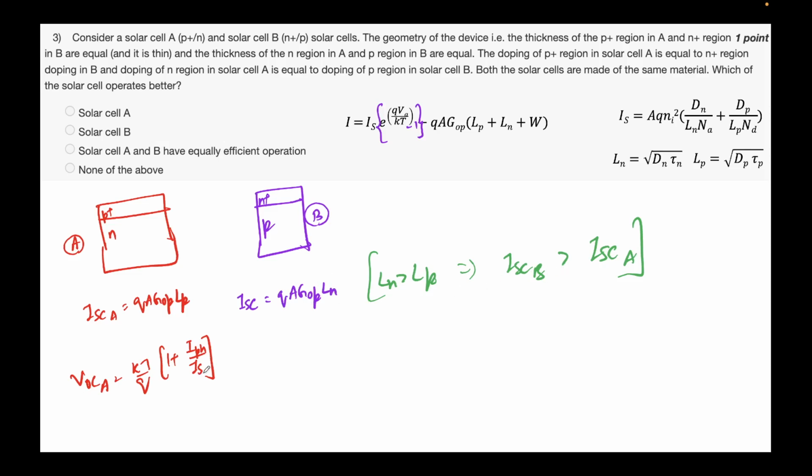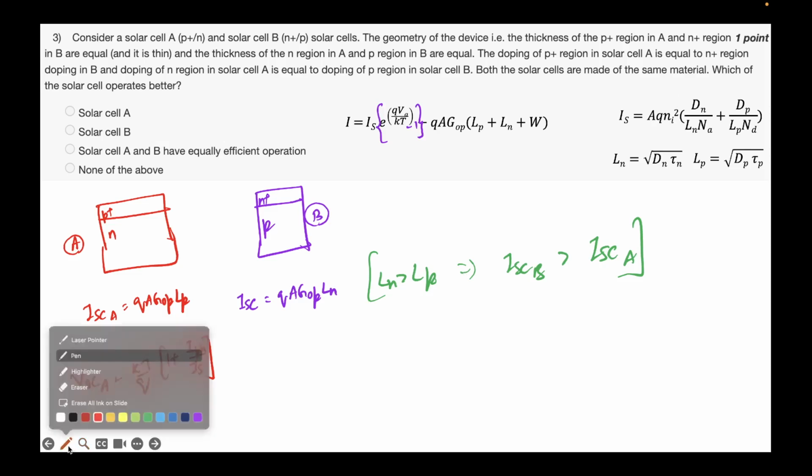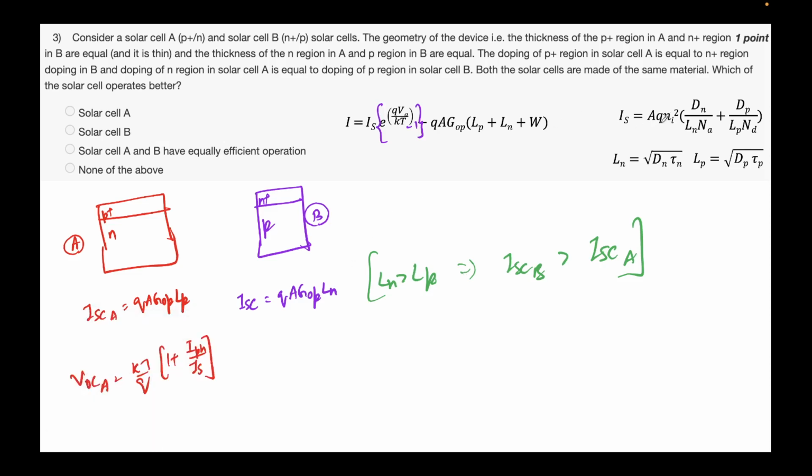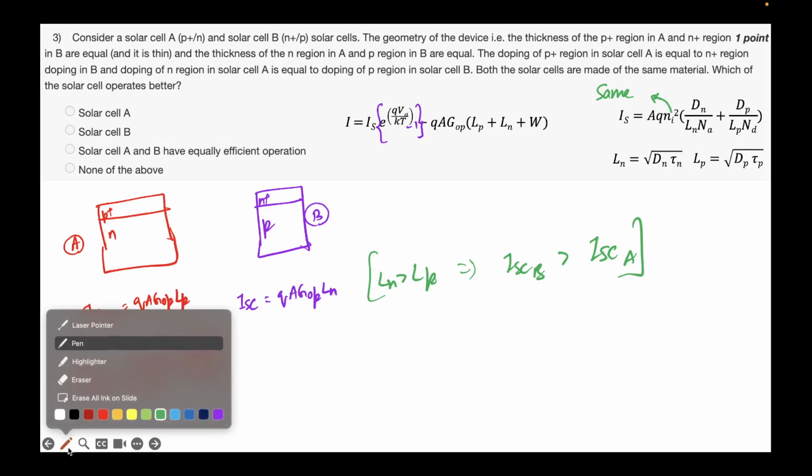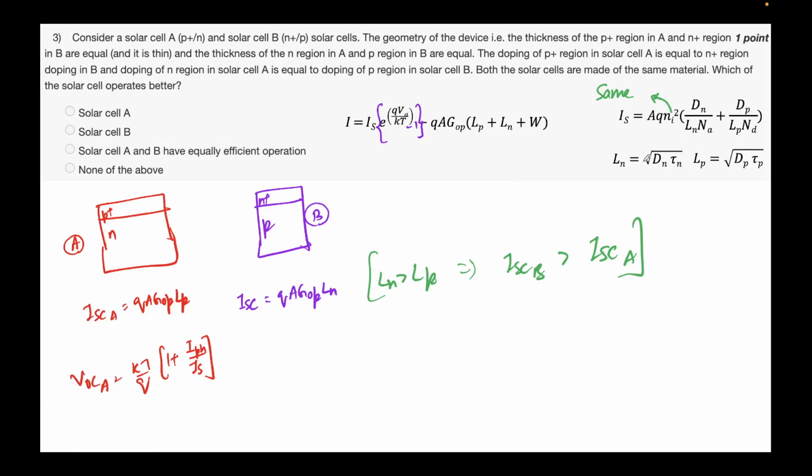Let's talk about this reverse saturation current for a minute. Ni squared is the same for both, right? For solar cell A, what is going to dominate is the other term, because Na is much higher, so this will be neglected.